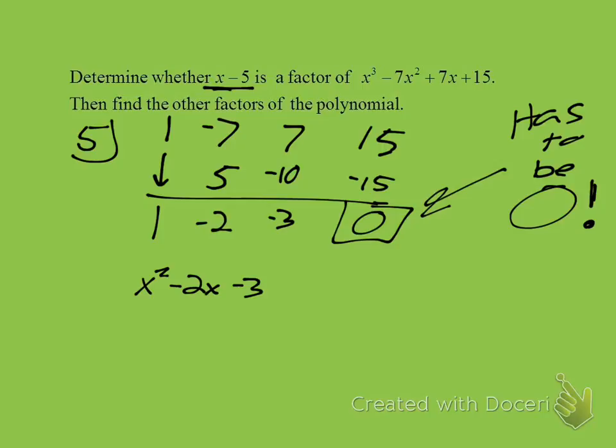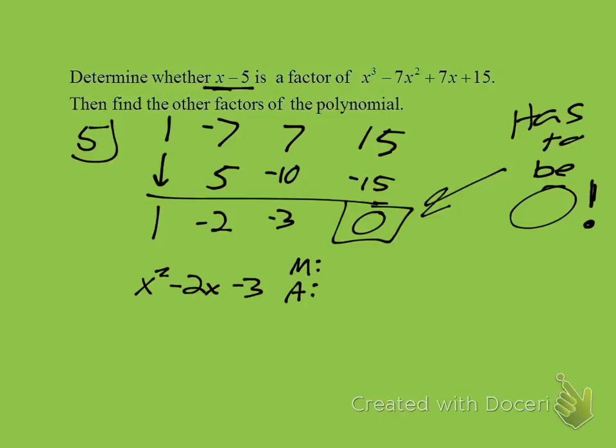And when you factor trinomials, you look at two different numbers. One's your multiplied number.